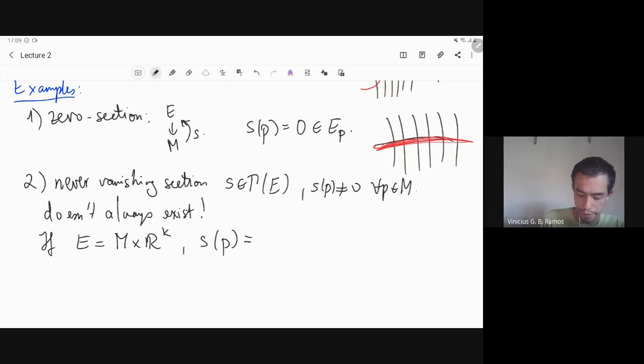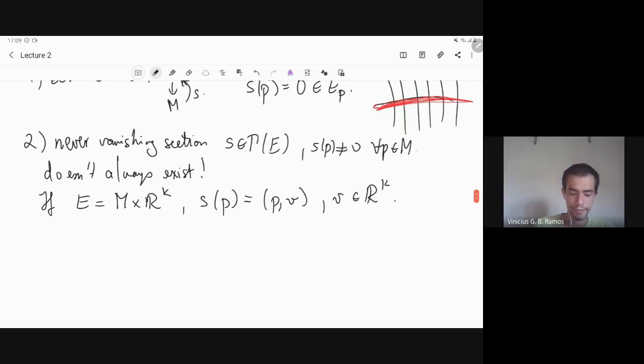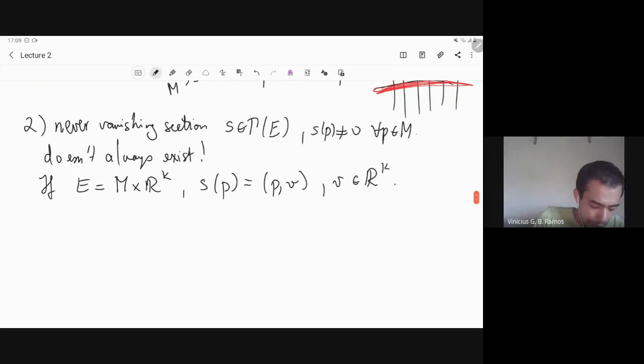Or you can write it like this, P goes to V, where V is any chosen vector in Rk. This is like a constant function, and you can choose a vector that's different from 0. But if the bundle is not trivial, then it's not necessarily true that you can find such a section. We'll see examples, but now let's get into more interesting sections.